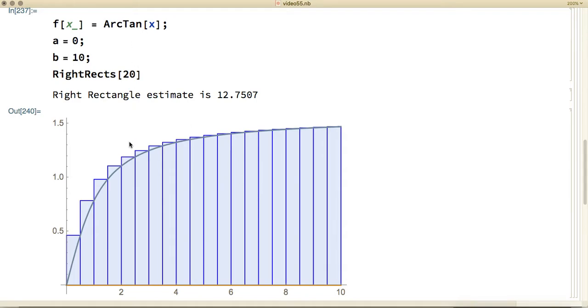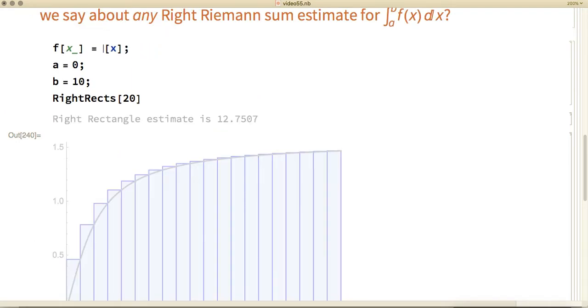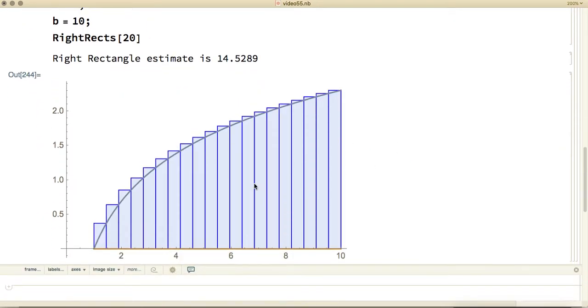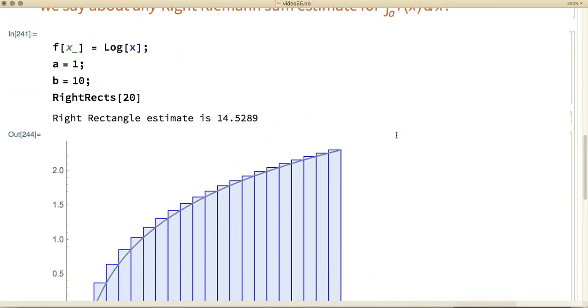There's nothing special about the number of rectangles nor what increasing function we look at. Another increasing function would be the natural log, and it's increasing on 1 to 10. If I look at right rectangles for that function, again you'll notice that the right rectangles go over the function consistently, and so we have an overestimate.